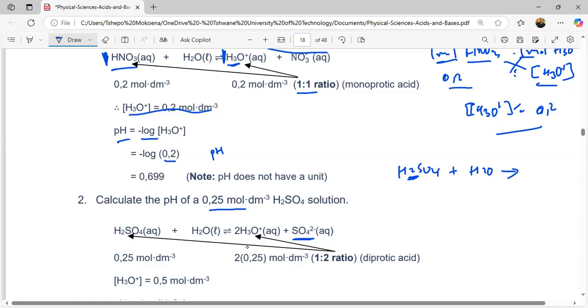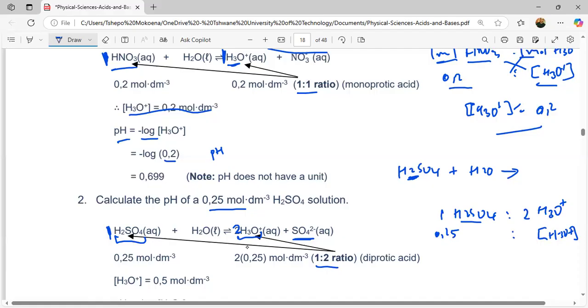Remember, I said here is our focus, and here is our focus. The stoichiometric coefficient here is 1, and there it is 2. So now the ratio is 1:2. Then 1 mole of H2SO4 is to 2 moles of H3O+ ions. What is the concentration for this one? It was given as 0.25, and for this one we don't know the concentration; it is what we are looking for.